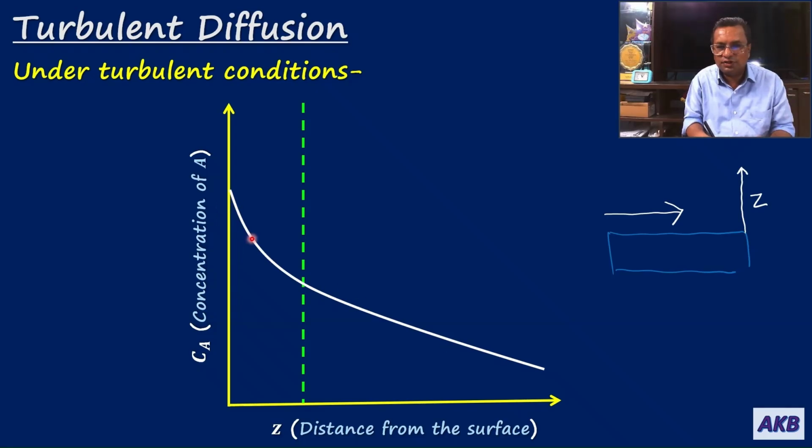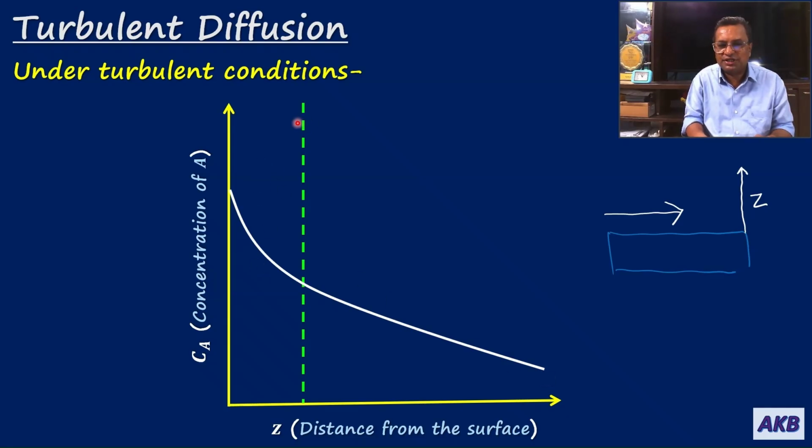So most of the concentration gradient will be lying within the film that I have shown just now. Within the film, most of the concentration gradient will be existing, and when you go into the turbulent condition, the concentration gradient will become smaller and smaller. That means as you move away from the surface, the concentration gradient becomes smaller.